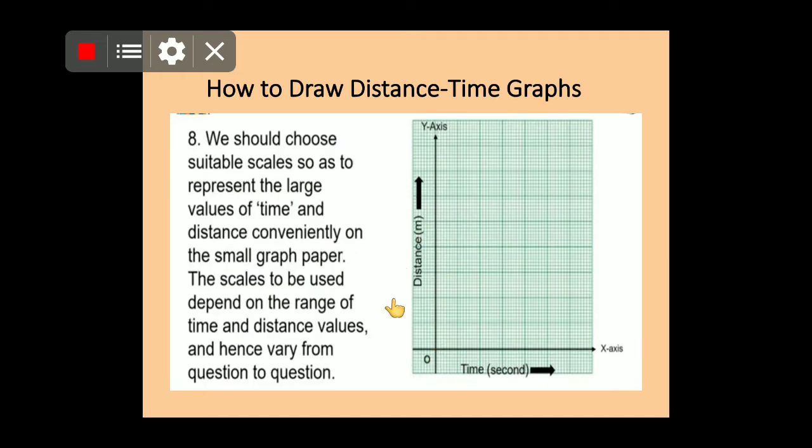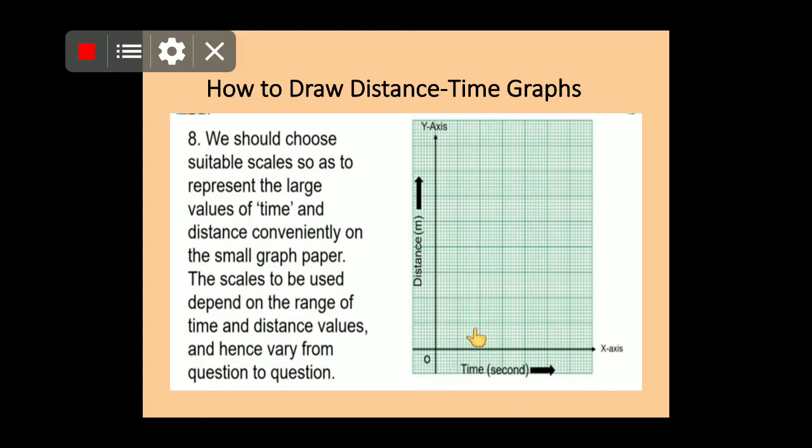So here, as you can see students, the SI unit is given in the bracket and the arrow is marked after that. So we should choose suitable scales so as to represent the large values of time and distance conveniently on the small graph paper.